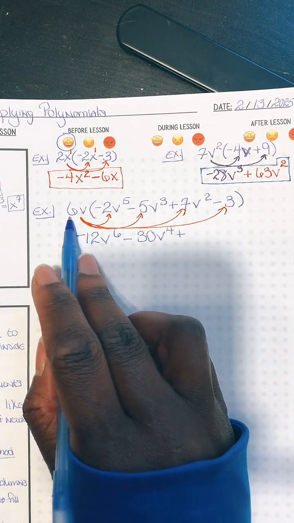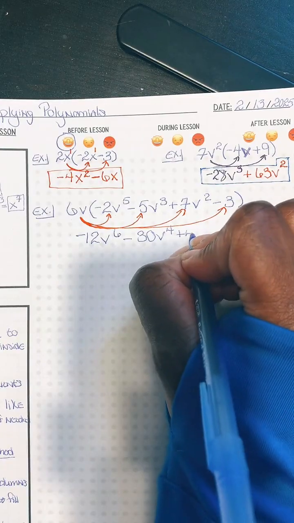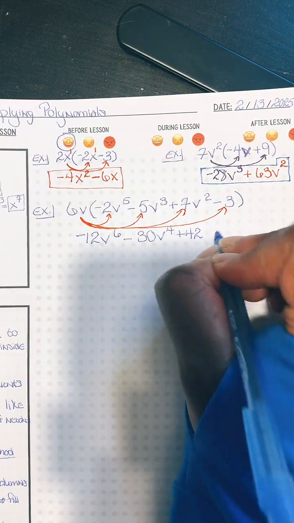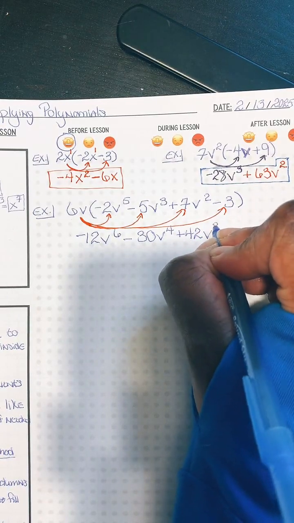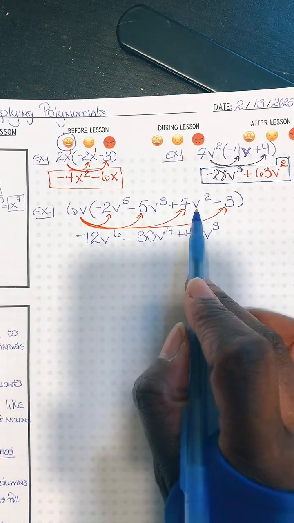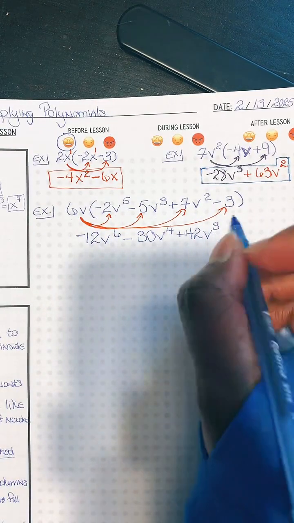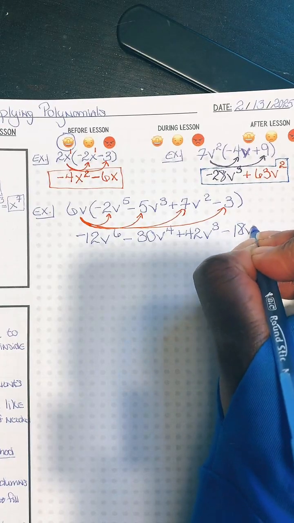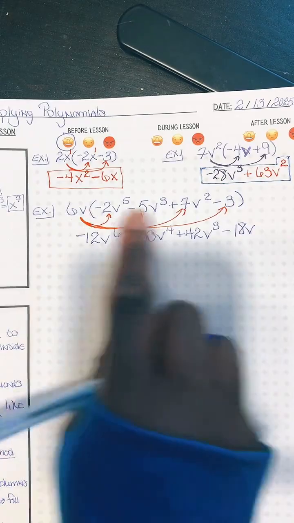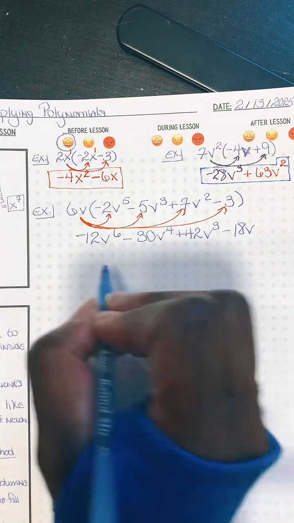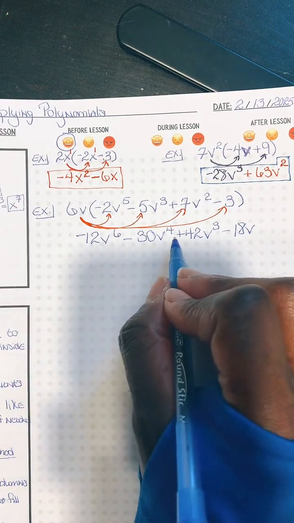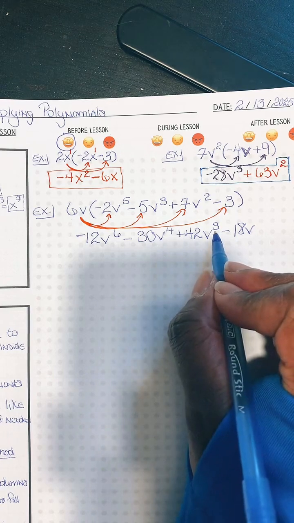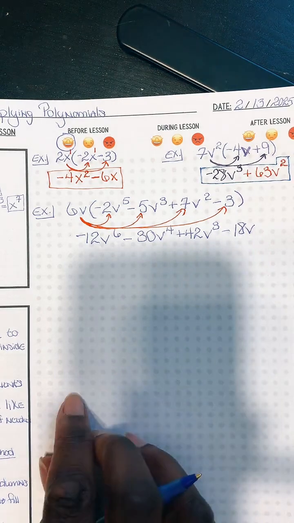Plus 6 times 7 gives us our 42. Then we have v to the third, because we have 1 and 2 v's. That gives me 3 minus my 18v, because we only have 1 v on the outside, but none on the inside. And we have v to the sixth, v to the fourth, v to the third, and v.